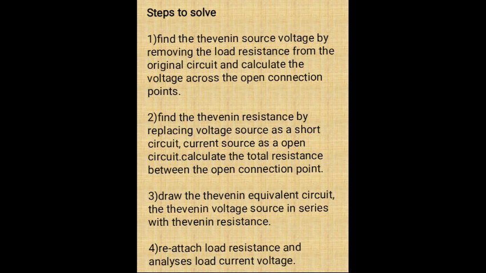Step 4. Reattach load resistance and analyze load current or voltage. In step 4, we will attach the branch that we have removed, or that branch in which we have to find the value of current or voltage across.